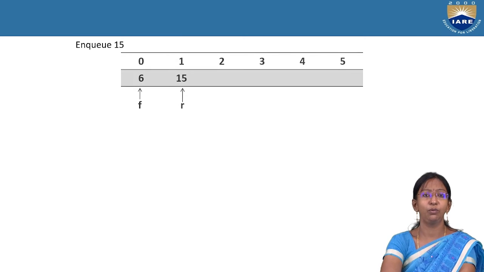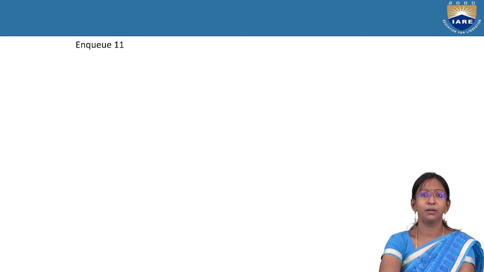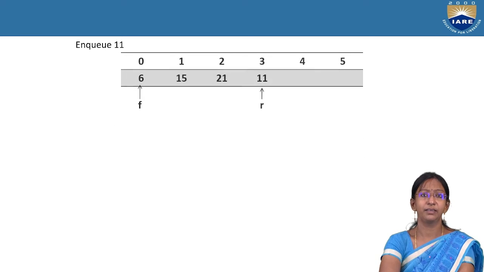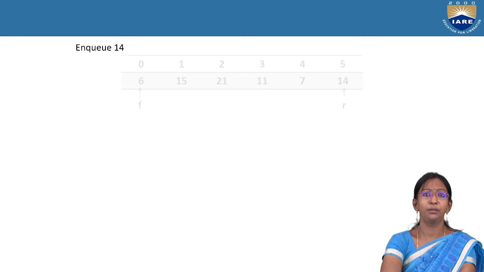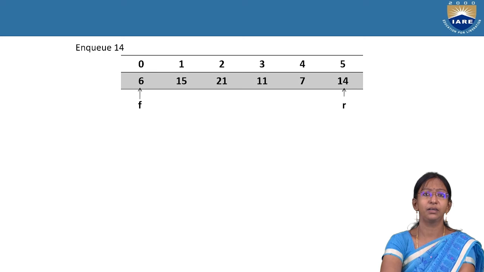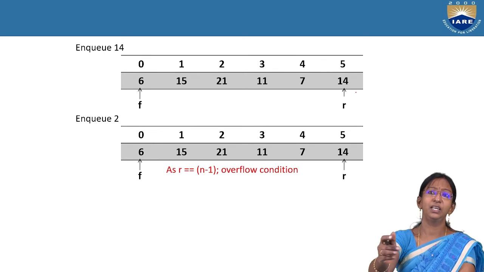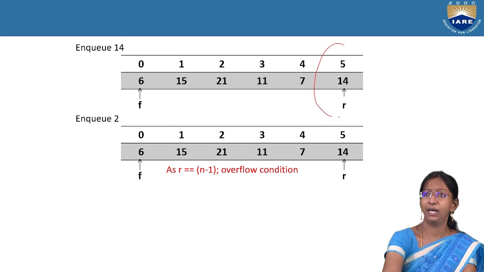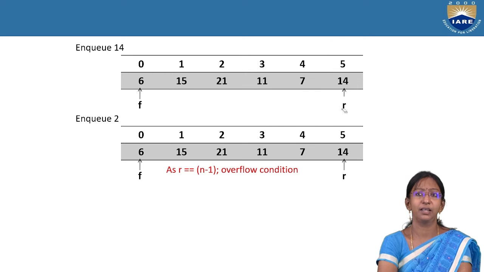Okay, see, 15, only rear is incremented. 21, only rear is incremented. Next 11, rear is incremented. 7, rear is incremented. One more element 14, rear is incremented. Right? So if you try to insert an element here, as the rear is pointing to the highest index, it will say that overflow has occurred.